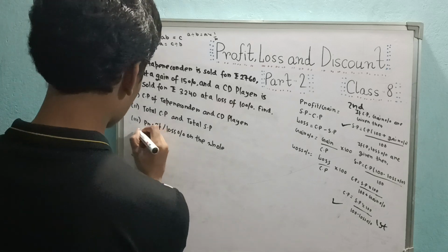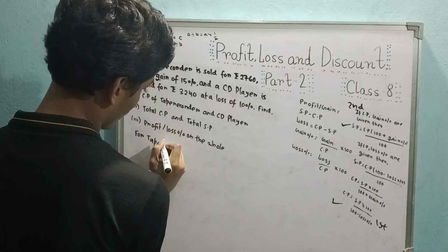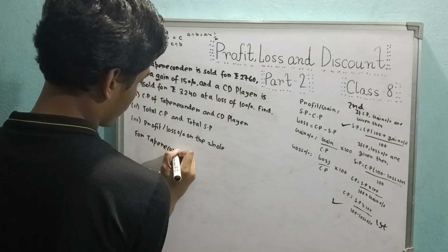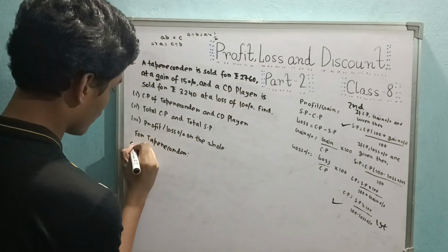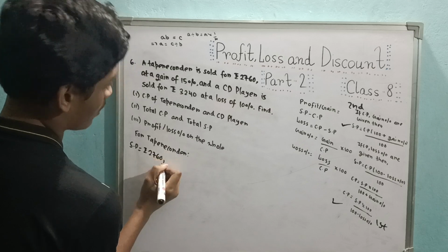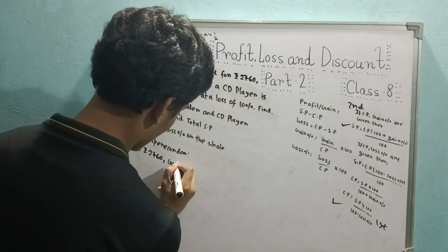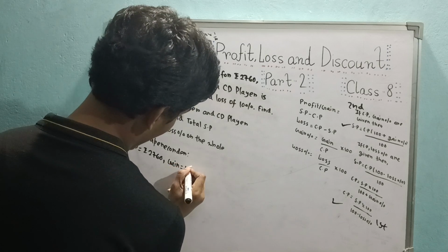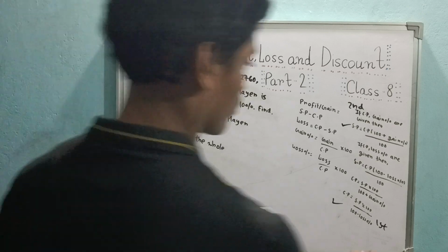For the tape recorder, see, you have the selling price rupees 2760, and you have a gain of 15% after you sold it. So you can use these two to find the cost price. Cost price equals, use this formula now.